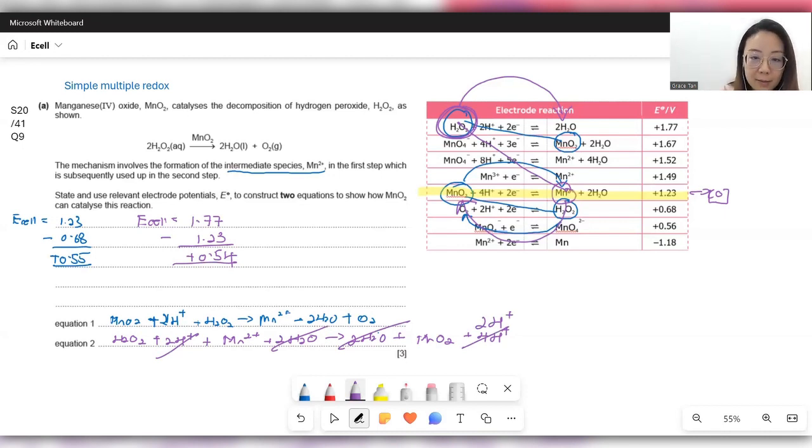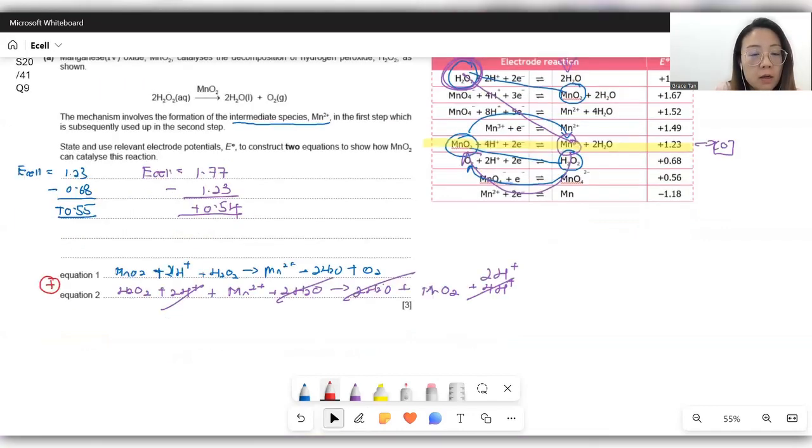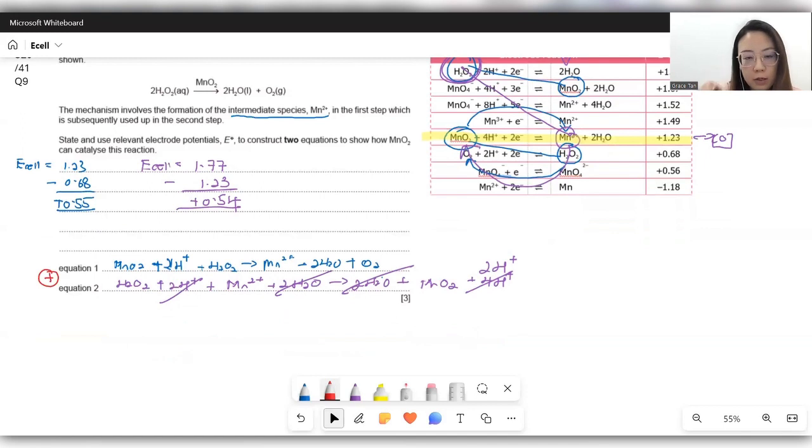Now, just in case you want to add equation 1 plus equation 2 to show the balanced equation on top, which is the hydrogen peroxide to give H2O and O2, you can actually. What you do is you just add your first equation to the second equation. These 2H plus and these 2H plus can cancel. Your manganese 2 plus is the intermediate. It was formed, but it was utilized in the subsequent step.